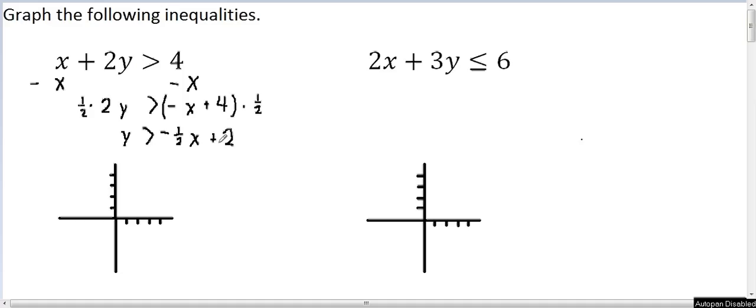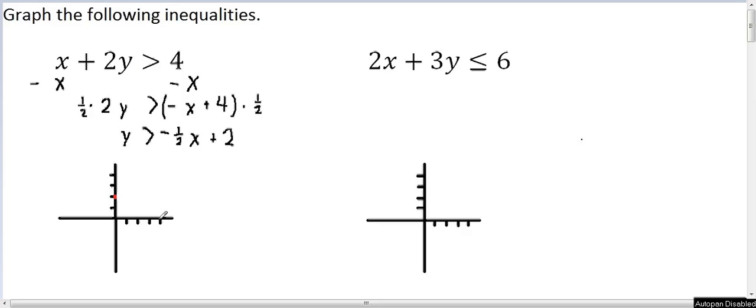The boundary of this inequality is the equation that's formed by replacing this inequality by an equal sign. So y is equal to minus 1/2 x plus 2. Let's go ahead and draw this equation first. The y-intercept of that equation is 2, and the slope is minus 1/2.